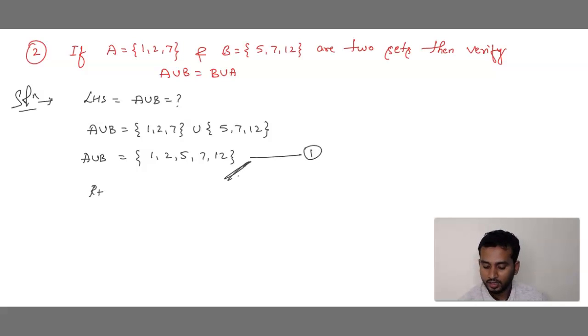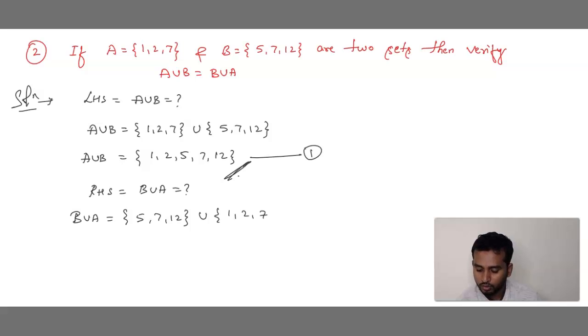Now let me find RHS. What is RHS? B union A. So B union A is equal to set B, 5, 7, 12, union set A, 1, 2, 7. Shall we combine? Yes. That is 1, 2, 5, 7, 12.